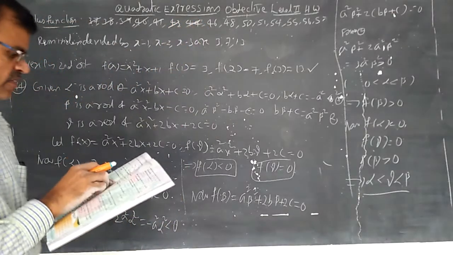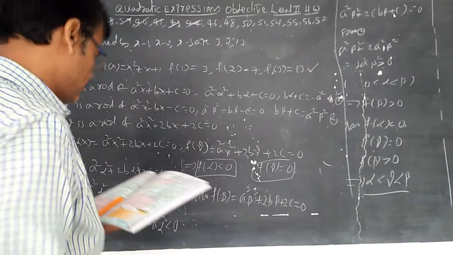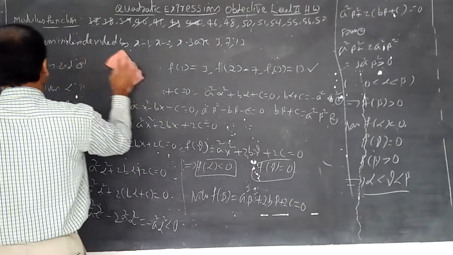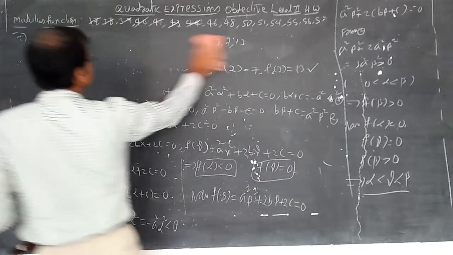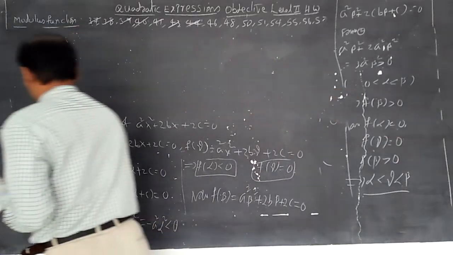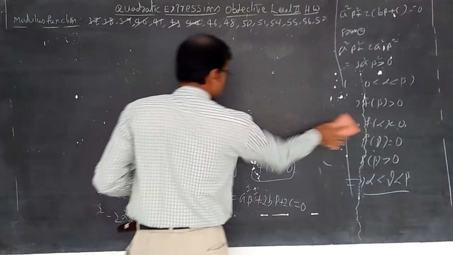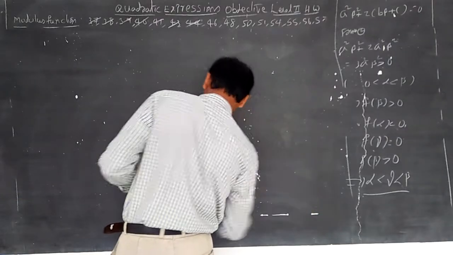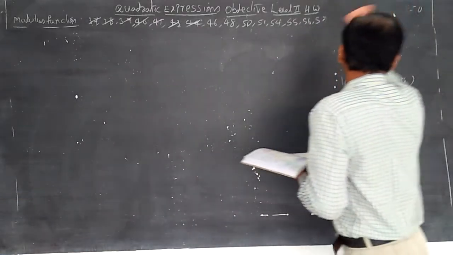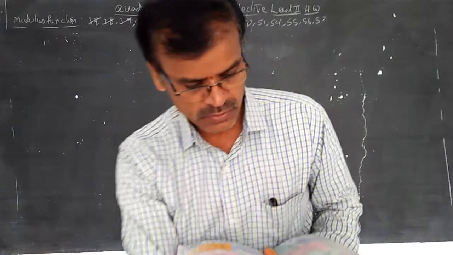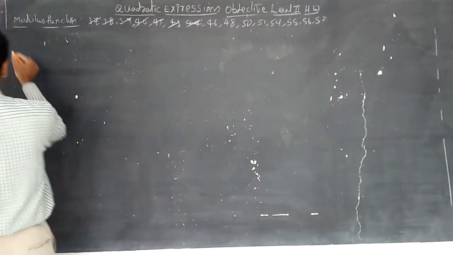46th question. The value of a for which the quadratic equation possesses roots of opposite signs lies in. Forty-sixth one.